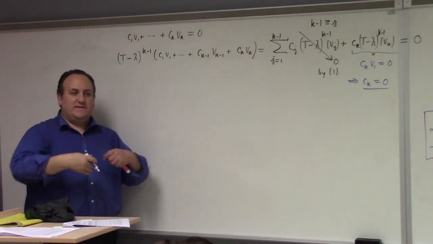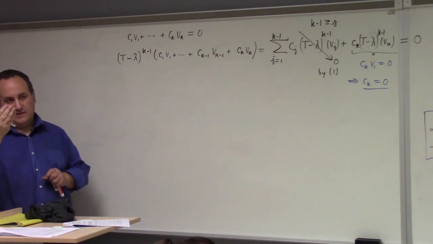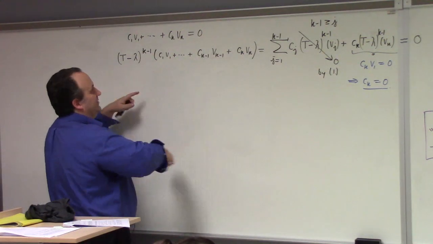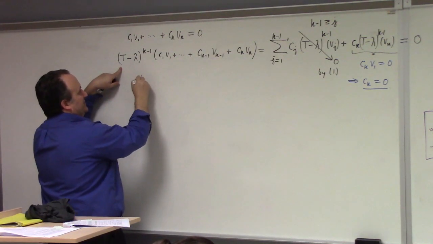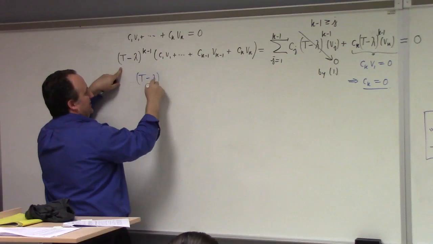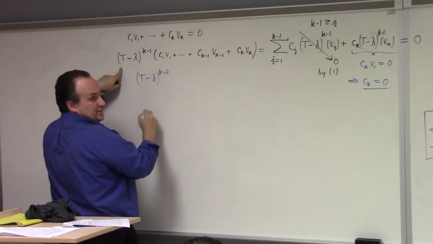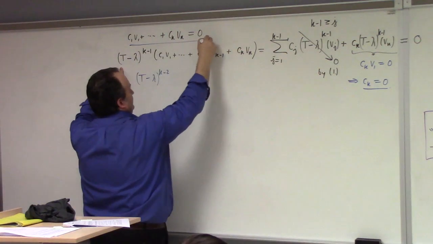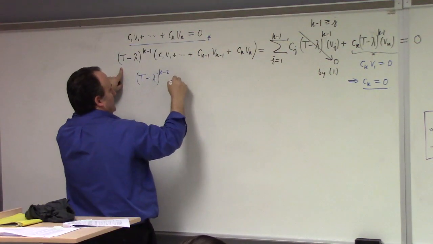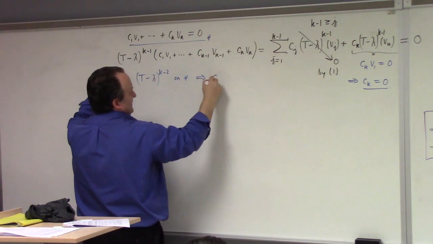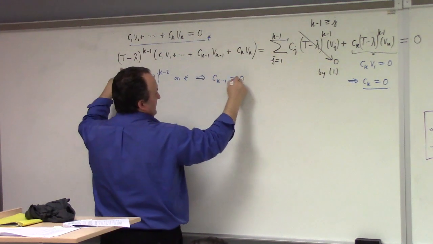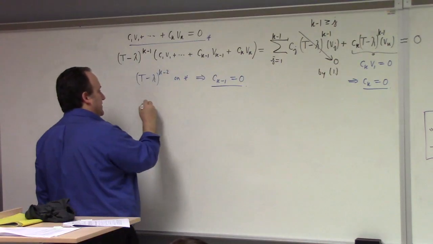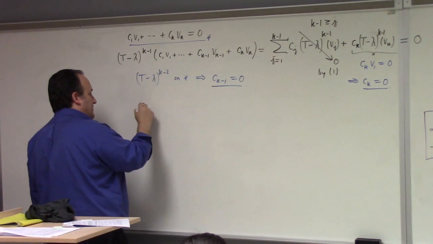But then you can just repeat this argument doing lower powers. Do the same argument, but with (T minus lambda) to the k minus 2 acting on star, which would imply that ck minus 1 is equal to 0, right? And so forth. And continue in this fashion.